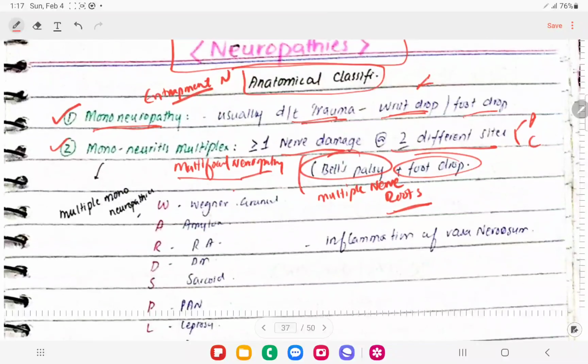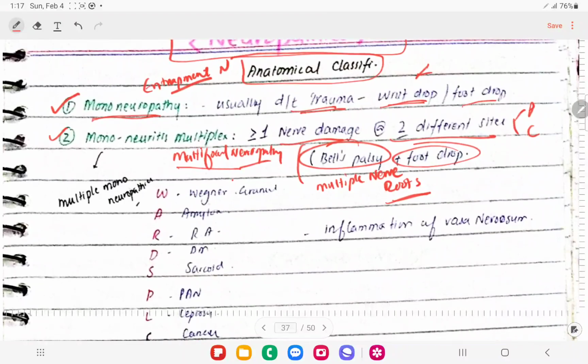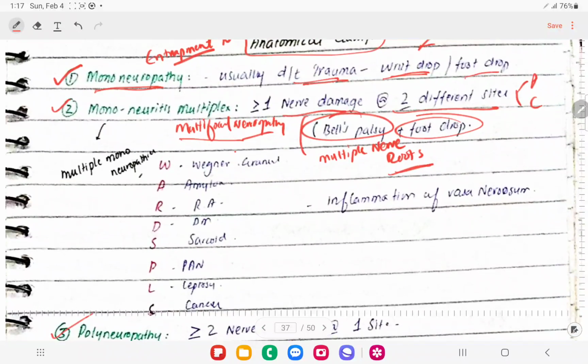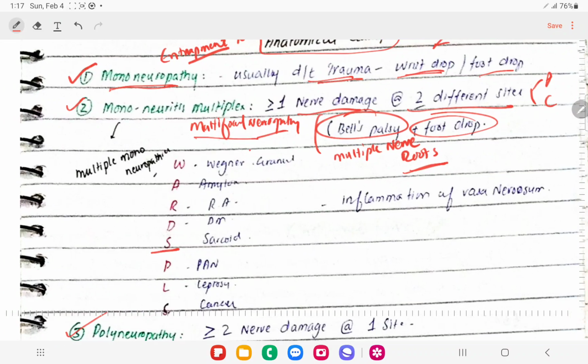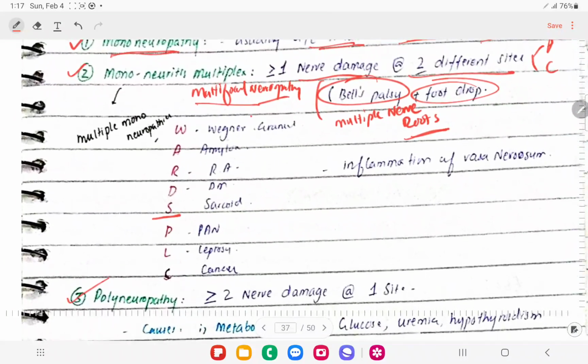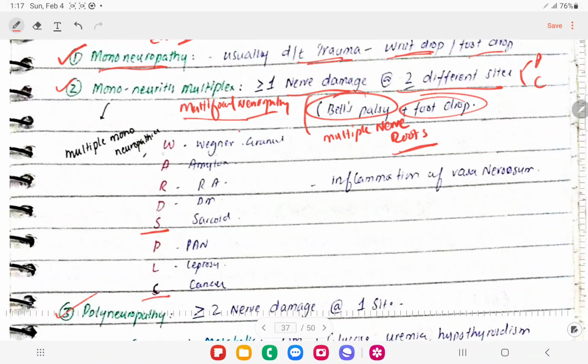So let's discuss the causes of multifocal neuropathy, right? The mnemonic is Ward's place. W stands for Wegener's granulomatosis, amyloidosis, rheumatoid arthritis, diabetes, sarcoidosis, polyarteritis nodosa, leprosy, and cancer.